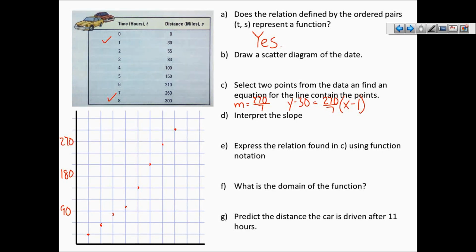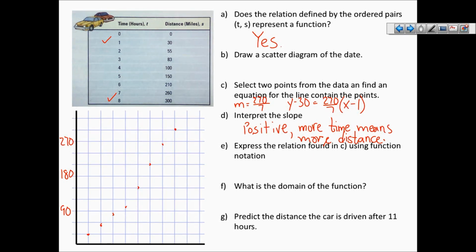So it takes more time to drive a farther distance. Okay, part E, we want to express the relation found in C using function notation.